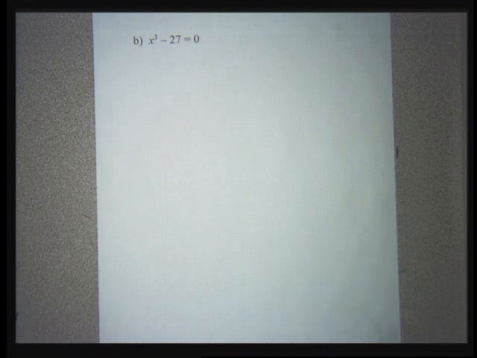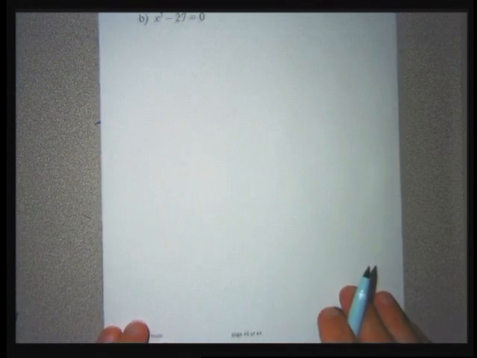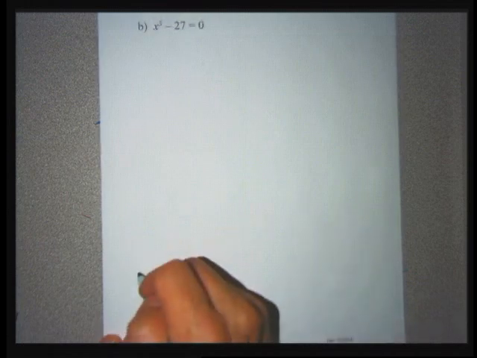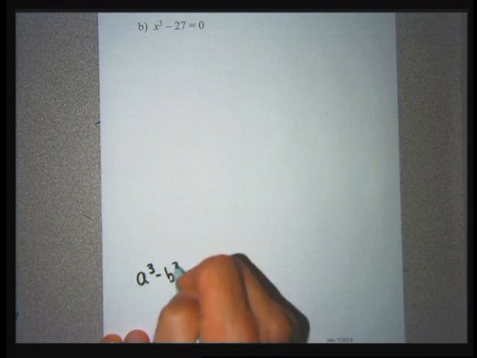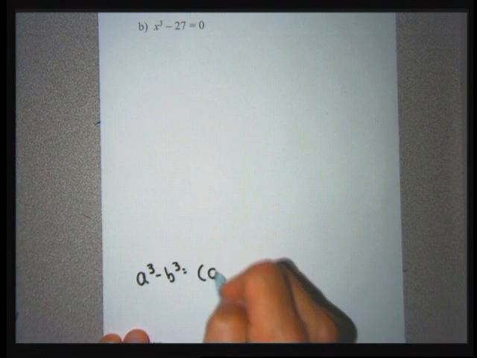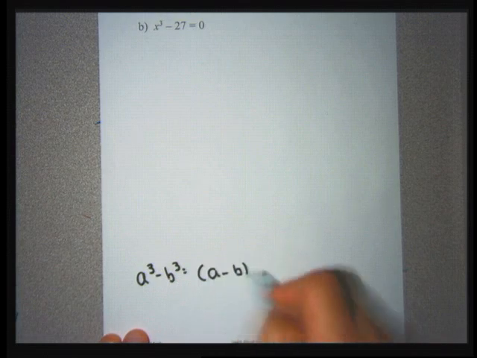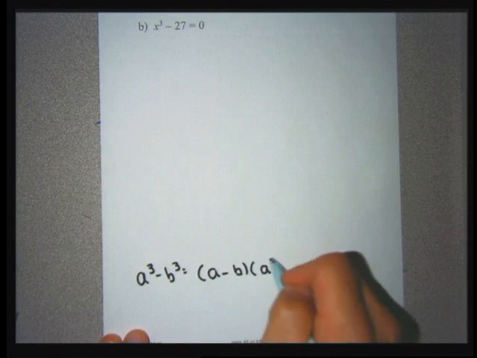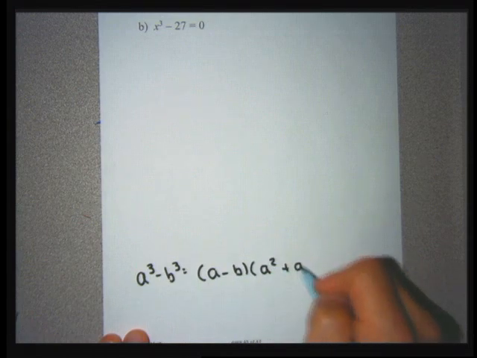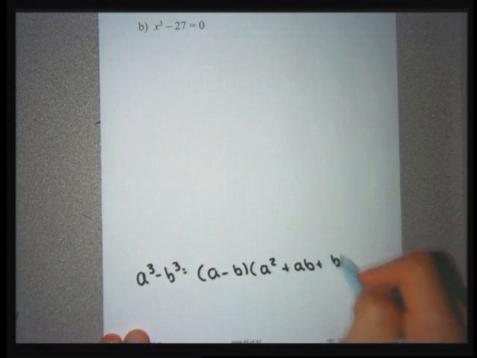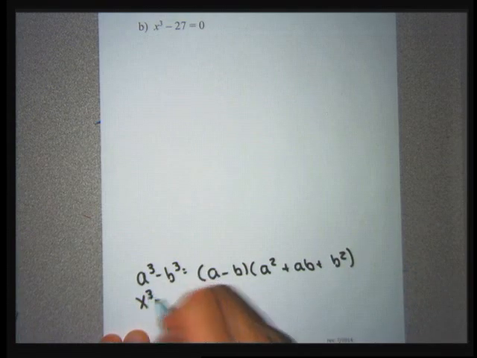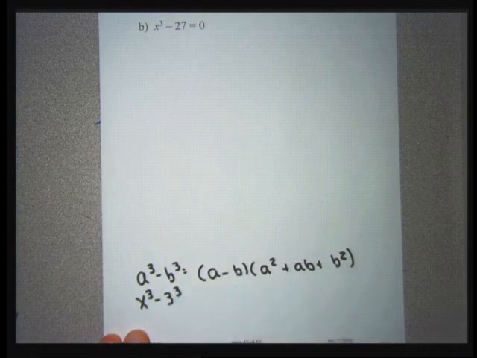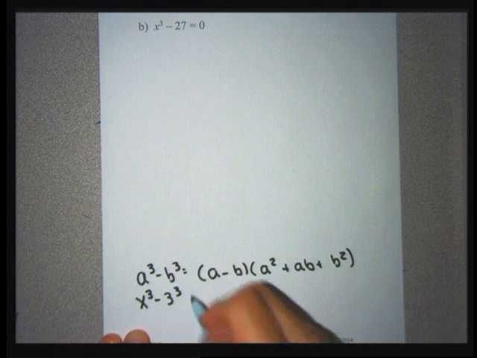I need a different formula for part B here. To do this, I need to remember the formula that says a cubed minus b cubed equals a minus b times a squared plus ab plus b squared. In this problem, I need to think of it as x cubed minus 3 cubed, because 27 is 3 cubed, so the x is working like the a, the 3 is working like the b.